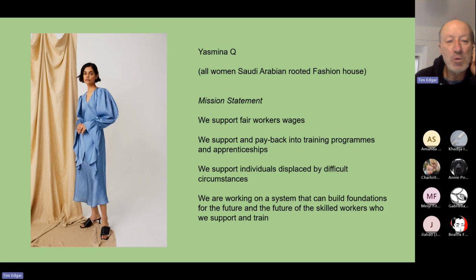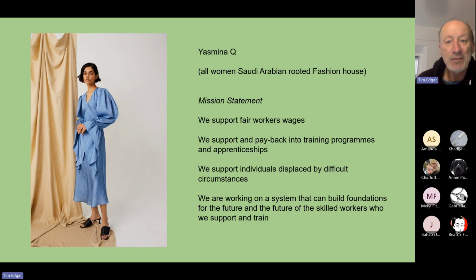So by supporting fair workers' wages, paying back into training programs and apprenticeships, supporting individuals displaced by difficult circumstances, working on a system that could build foundations for the future and the future of the skilled workers who we support and train.